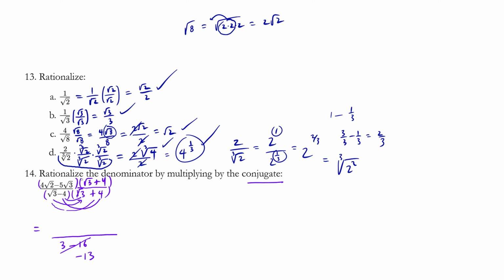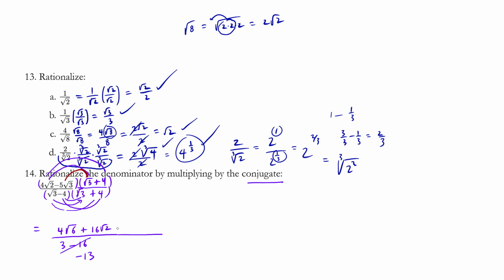Now let's clean up the top. Let's do first. 4 root 2 times root 3 is 4 times root 6. You multiply the insides. Let's do outside. 4 root 2 times 4 is going to be positive 16 root 2. Let's do the insides. So now we have this times this.